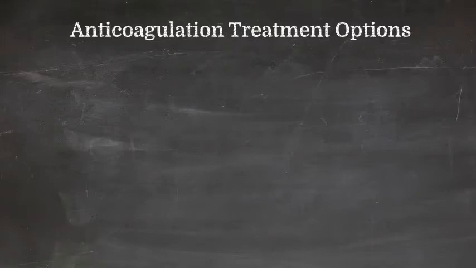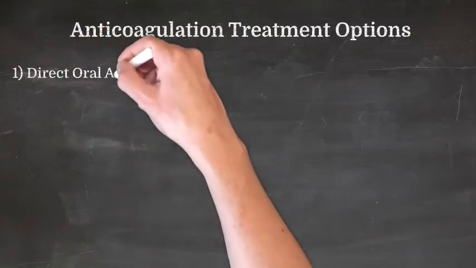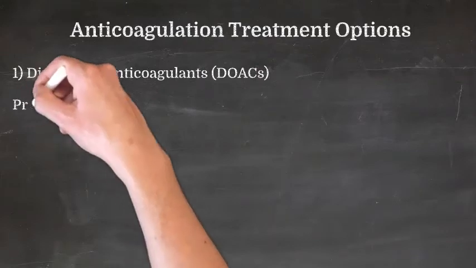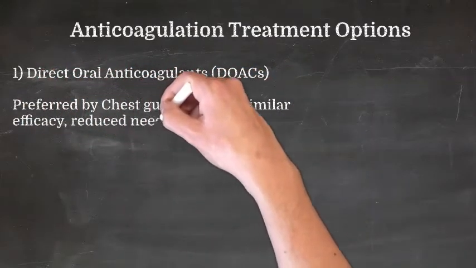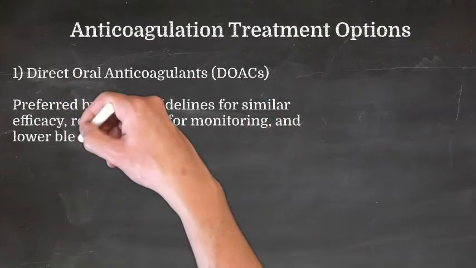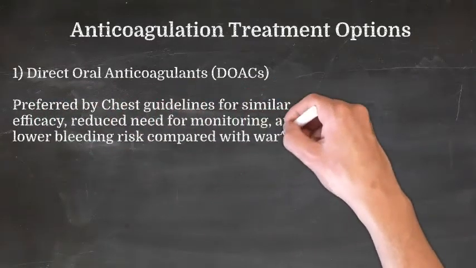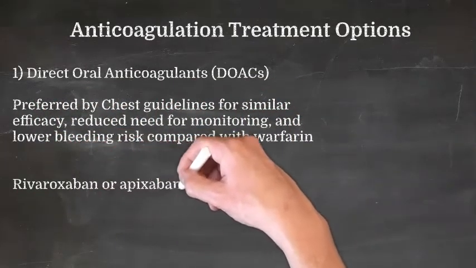If they got alteplase, then it's been more than 24 hours since they got it, they are very much stable in terms of their vital signs, and there's not a high risk of bleeding. For these patients, the preferred option is DOACs, or direct oral anticoagulants. We have 4 currently on the market: rivaroxaban, apixaban, dabigatran, and edoxaban.